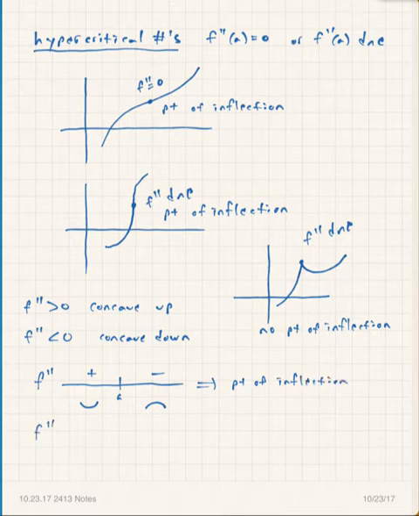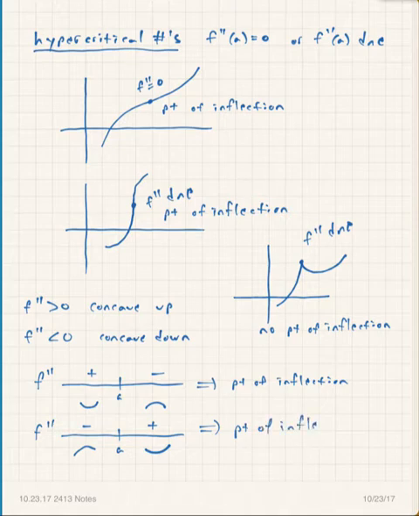And the exact same thing is true, certainly, if at a the sign change goes the other direction. The function changes from concave down to concave up, you still have a point of inflection. Right, so we're looking for places where the concavity of the graph is changing. Right, the second derivative would allow us to do that.